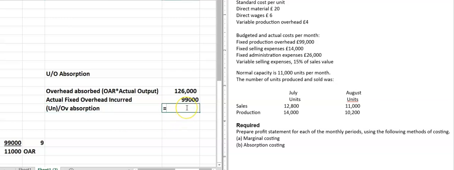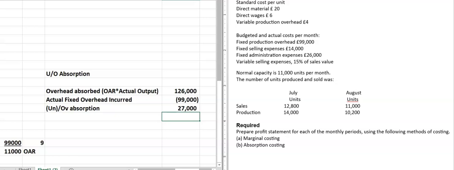Then if you do the calculation, let's take the sum of this. You get 27,000. So it is a positive figure.